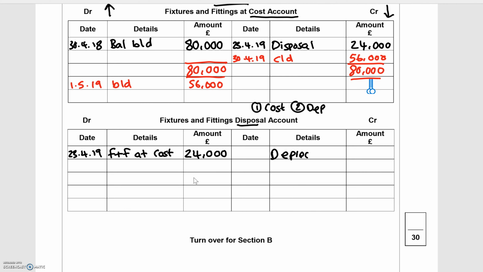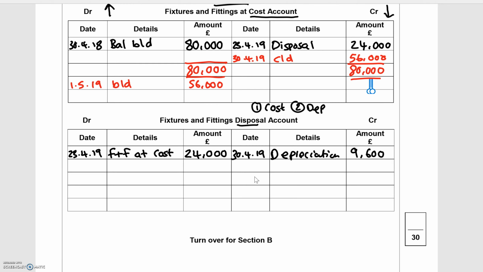Here you'd have depreciation 9,600. This was the original cost, and this is how much it had depreciated by. So we are now disposing of depreciation. We put the date 30/4/19. Now we don't balance this account. This account does not have a balance because it does not appear in your financial statements.